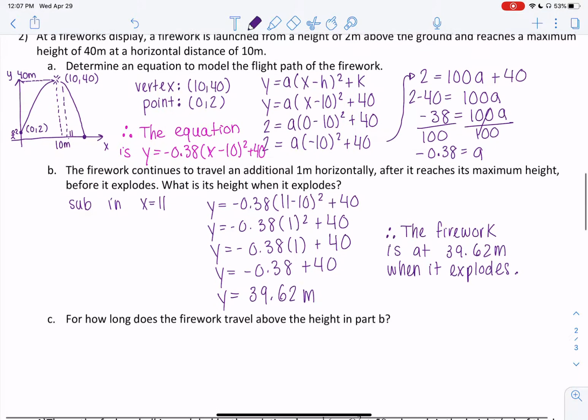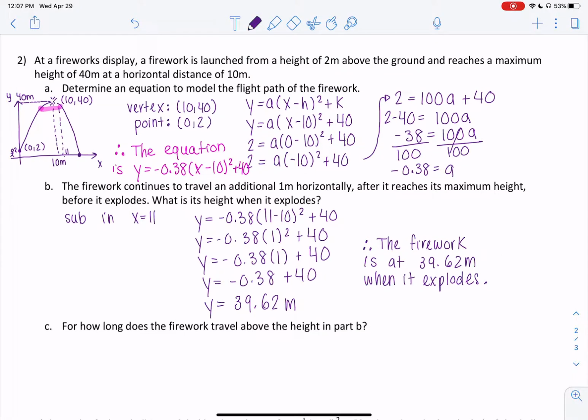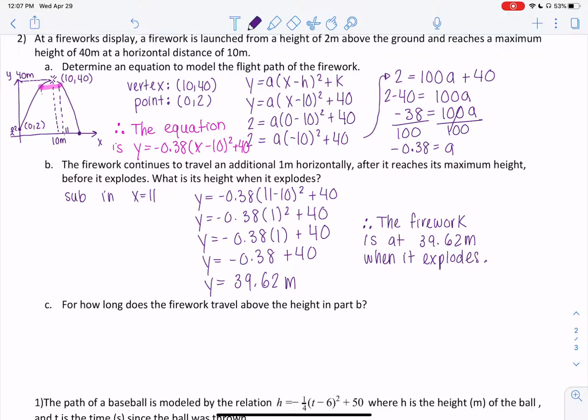And finally, we want to figure out how long the firework travels above the height in part B. We found that point here at 11 meters, and we also need to find it over here. So we want to figure out what that time is above that line. Similar to before, we need to figure out when else it hits that height. We can do it two ways: using the symmetry of this, or using algebra.